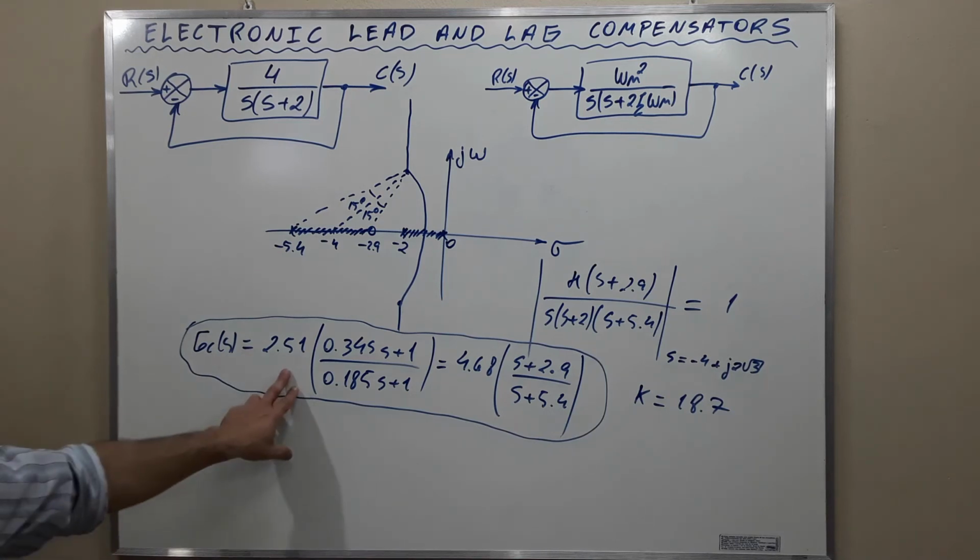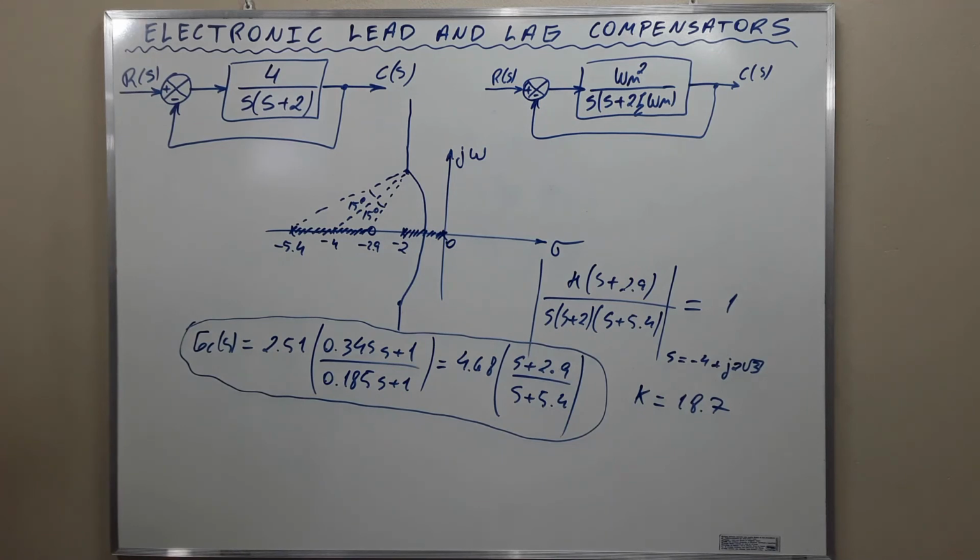We are going to use these values to calculate the resistances and the capacitances of the electronic lead compensator that we are going to use to compensate the original system so it meets the requirements.